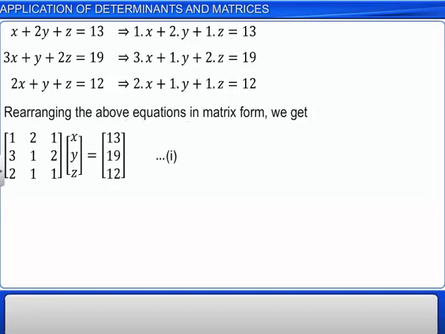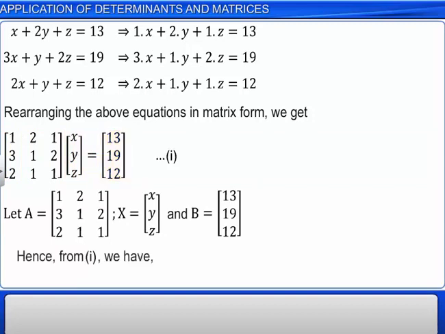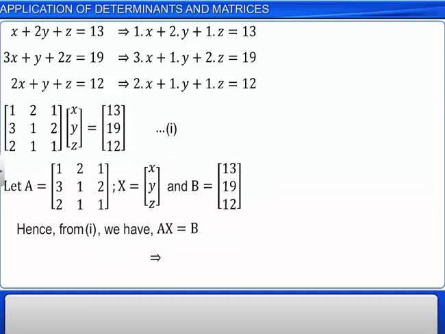Let us denote the 3 by 3 matrix on the left-hand side by A, the column matrix on the left-hand side by X, and the column matrix on the right-hand side by B. So, we have AX = B. This implies that X = A inverse B. Hence, to find the cost of each article, we have to find the product of A inverse and B.